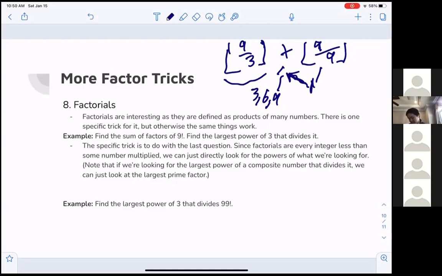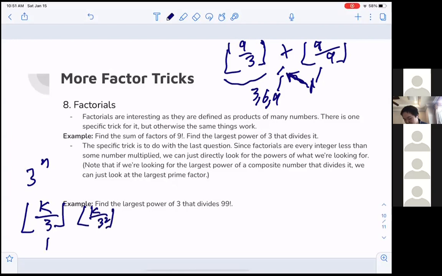If we have a number that's a multiple of 3 to the n, it will be accounted for n times: once in the floor of k over 3, once in k over 3 squared, up to k over 3 to the n once.